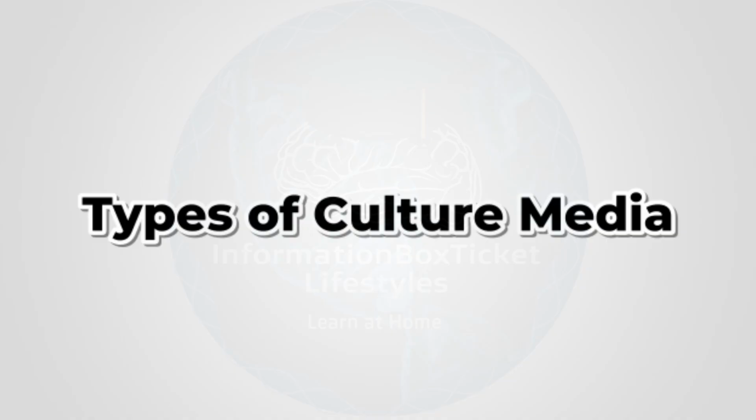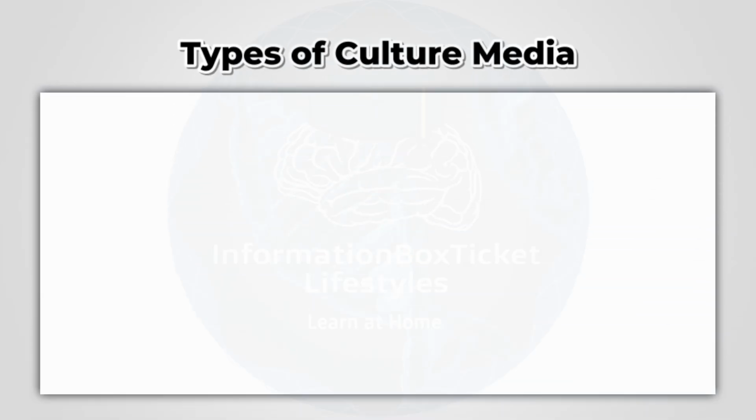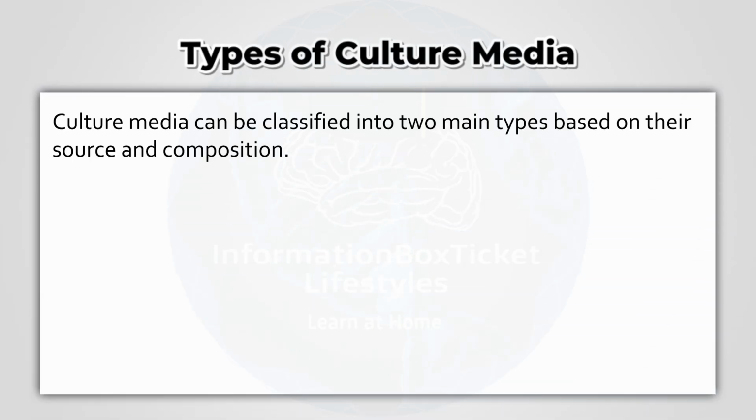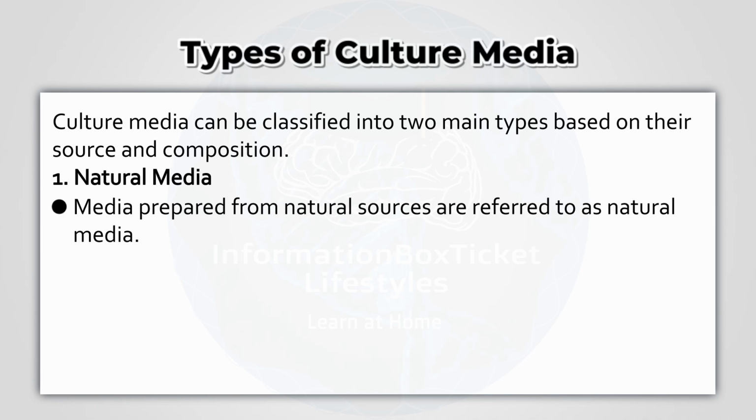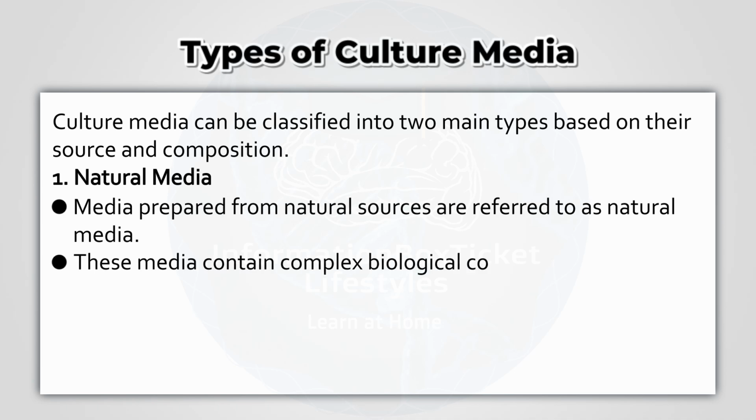Types of culture media. Culture media can be classified into two main types based on their source and composition. 1. Natural media. Media prepared from natural sources are referred to as natural media. These media contain complex biological components that support cell growth.